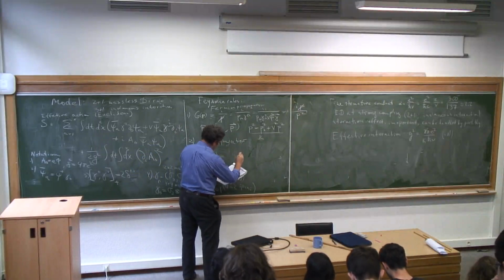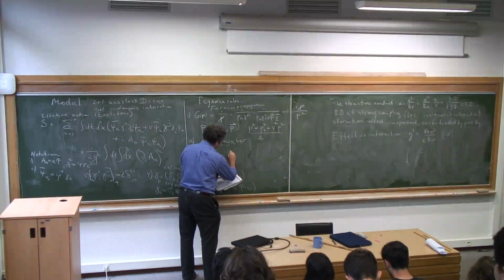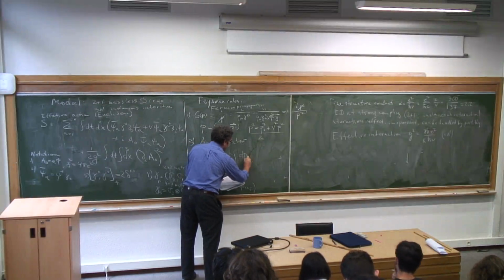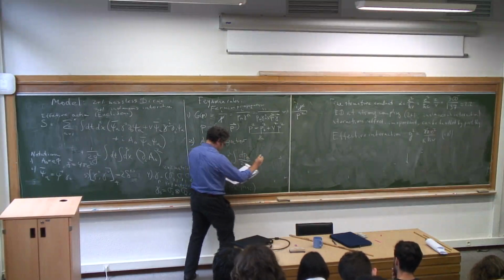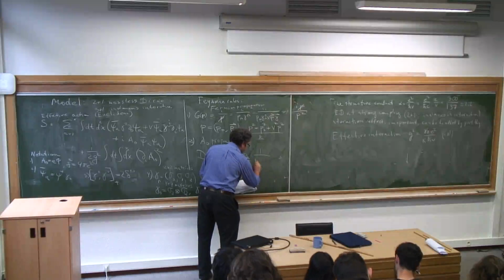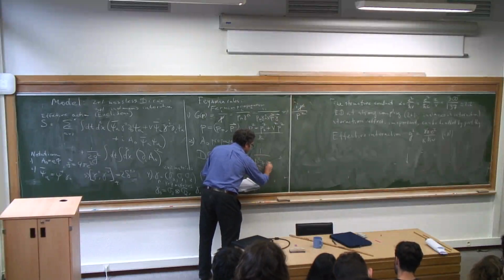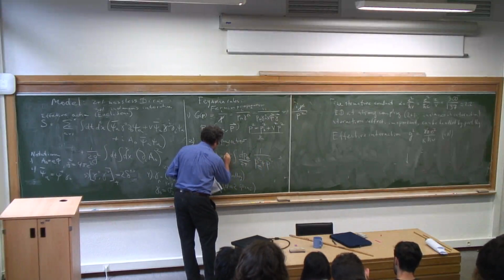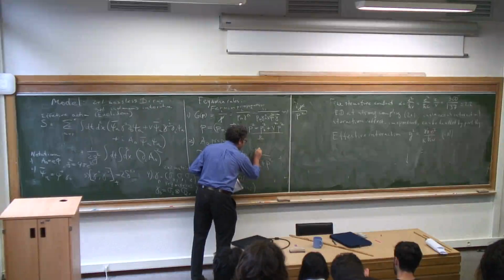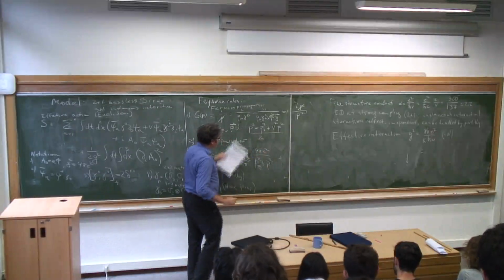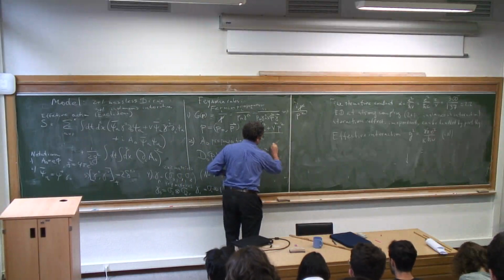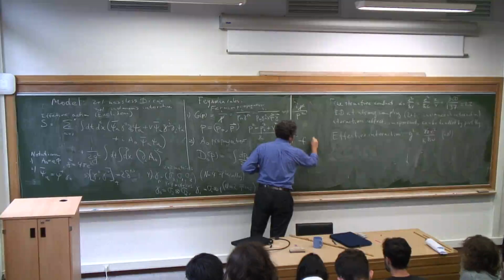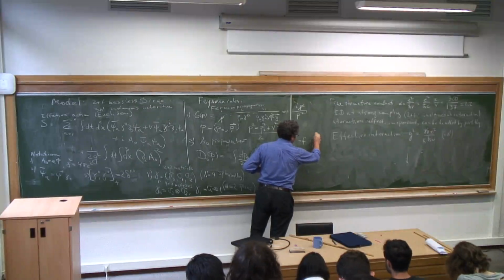So it will be e squared, the coupling constant, and then the integral over p_z of 1 over p_z squared plus p squared. Sorry, there should be 4 pi. So this is Coulomb interaction, nothing but Coulomb interaction, the Fourier transform of 1 over r, or e squared over r in 3D.